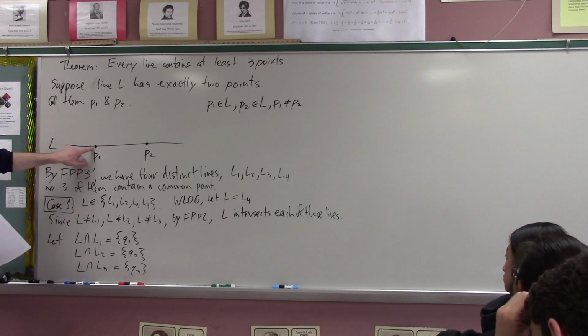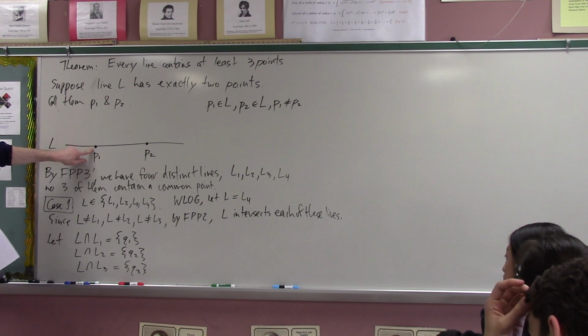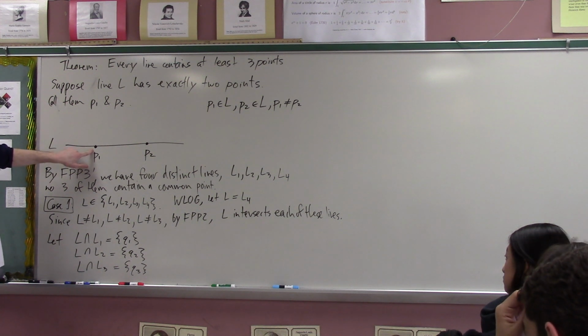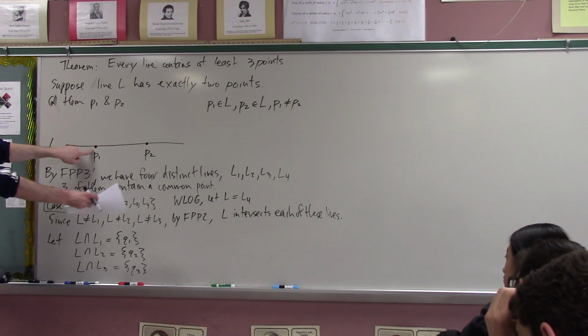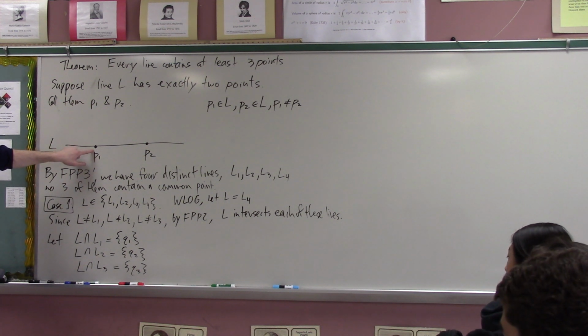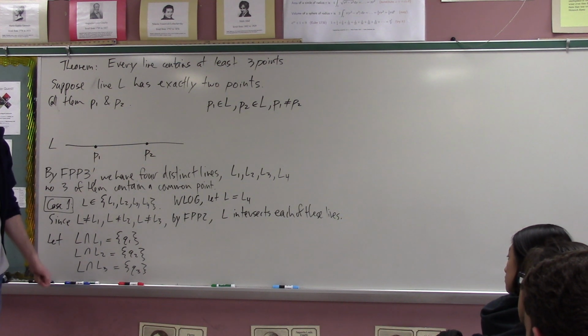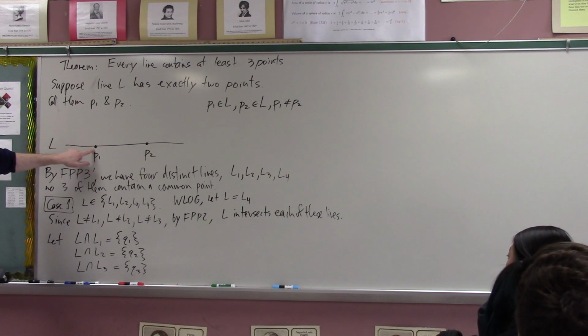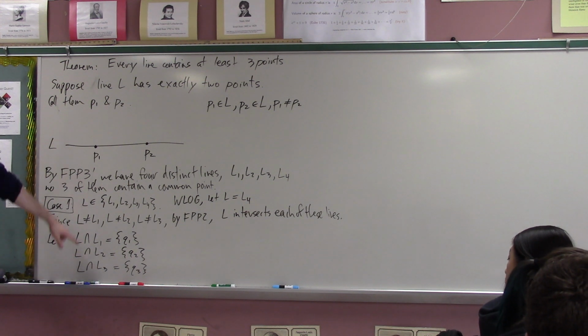They could all go through P1, right? Is that allowed? Certainly not, because L1, L2, and L3 are not allowed to all meet at a point. Could 2 of them go through P1 and 1 through P2? No. Also not allowed, because if 2 of them went through P1, but L is also L4 in this case. So that's not possible either.